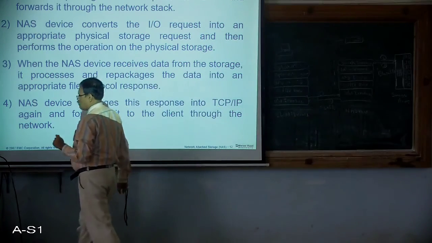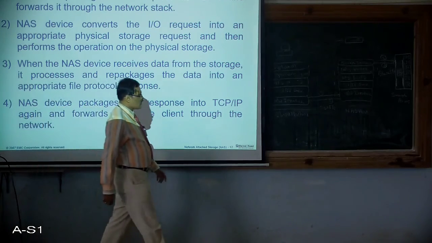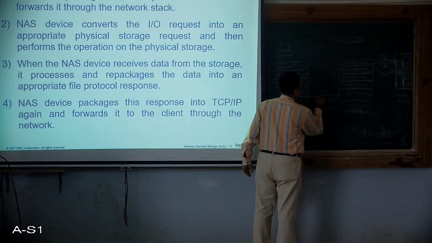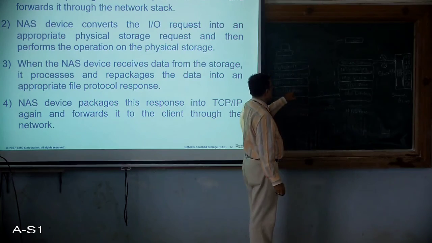So the client or requester packages an IO request into TCP/IP and forwards it through the network stack. The NAS device receives this request from the network. So here the client packages an IO request into TCP/IP and forwards it through the network stack, forwarding that request package to an NAS device. This is the first operation of IO.